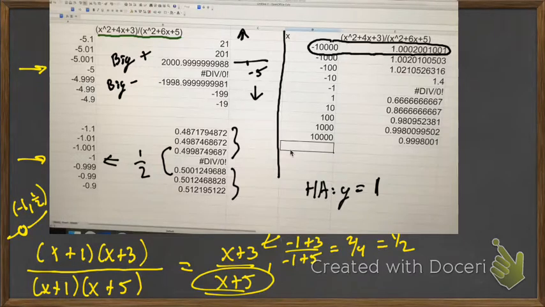And then if we get very large in the positive direction, going off to positive infinity, here's 10,000, and you see we have 0.9998, which is very close to 1. That's our reasoning for some of these horizontal asymptotes. This is only the case where we have a tie in degree. We can do similar arguments for the other cases.